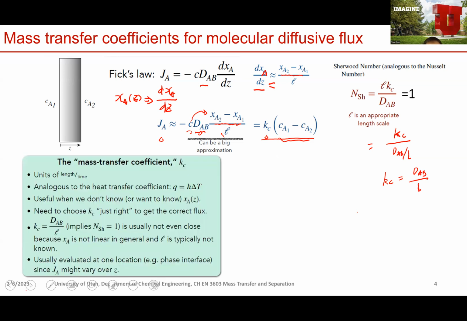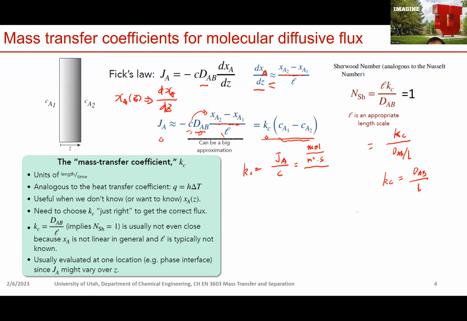So in this case, the mass transfer coefficient has a unit of length over time, right? Because if you look at this equation, Kc is basically, in terms of unit, JA over concentration, right? And we know that the flux has a unit of mole per meter squared per second.